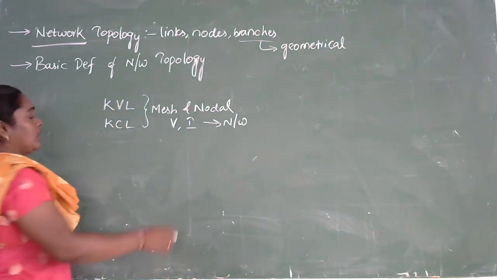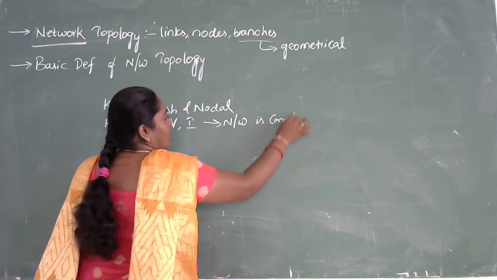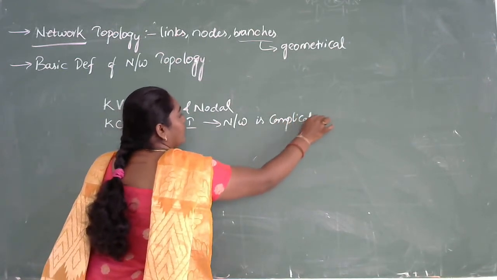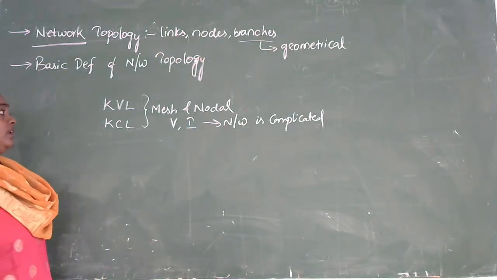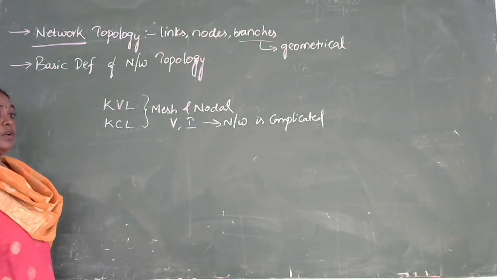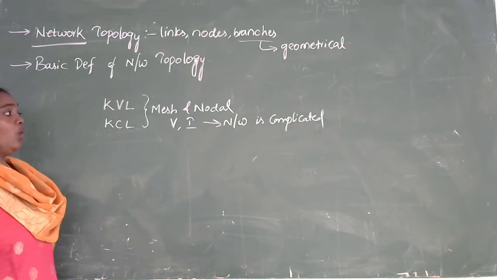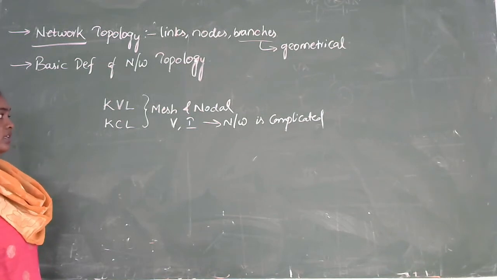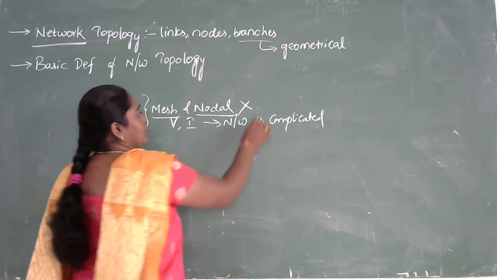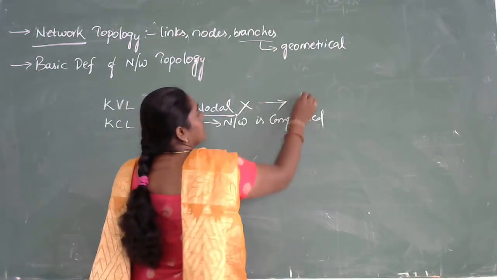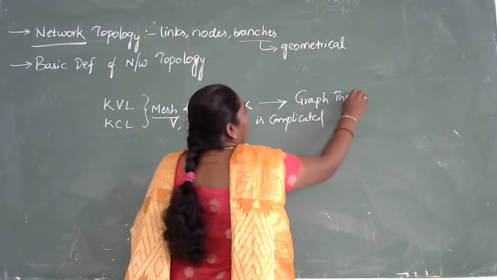If the network is complicated, meaning it has more than 3 or 4 closed loop paths, then it is a time-taking process and difficult to find the loop currents and voltages. In such cases, instead of using mesh and nodal analysis, we replace the complete circuit with the concept of graph theory or network topology.